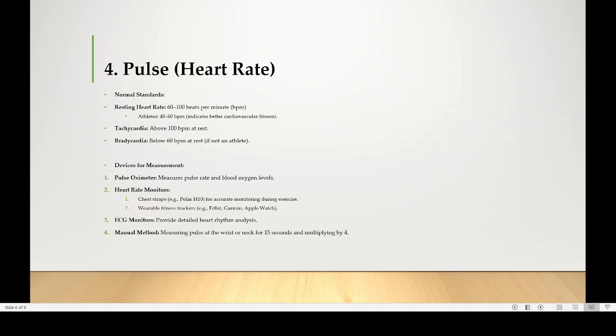Now, what are the devices for measuring the pulse? One is known as a pulse oximeter. I will show you how this pulse oximeter appears. Different types of devices are there. This kind of device became very popular during the time of Corona. It is known as a pulse oximeter, and it's a very simple device.